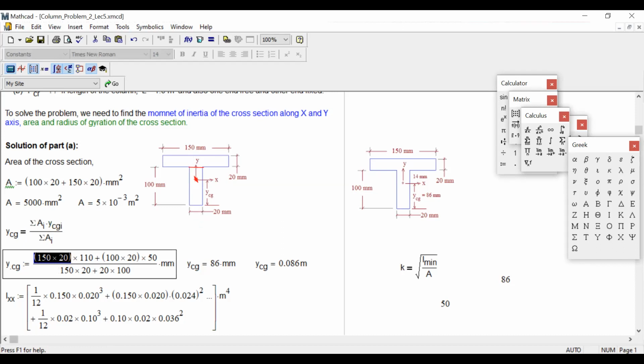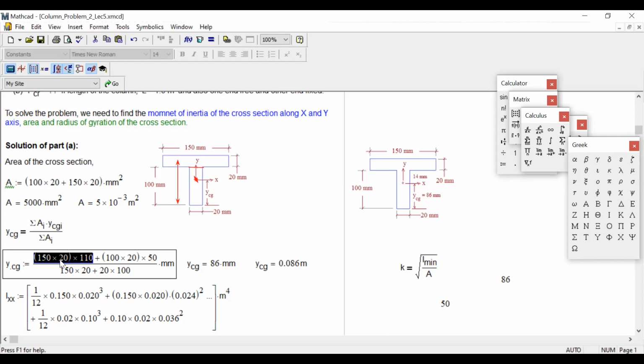Its CG of this stripe will be at the midpoint, right? So CG from the bottom will be around right here, at the midpoint. So you see 100 and this thickness is 20, so 110 will be YCG. That's why we multiply by 110: 150 into 20 into 110.